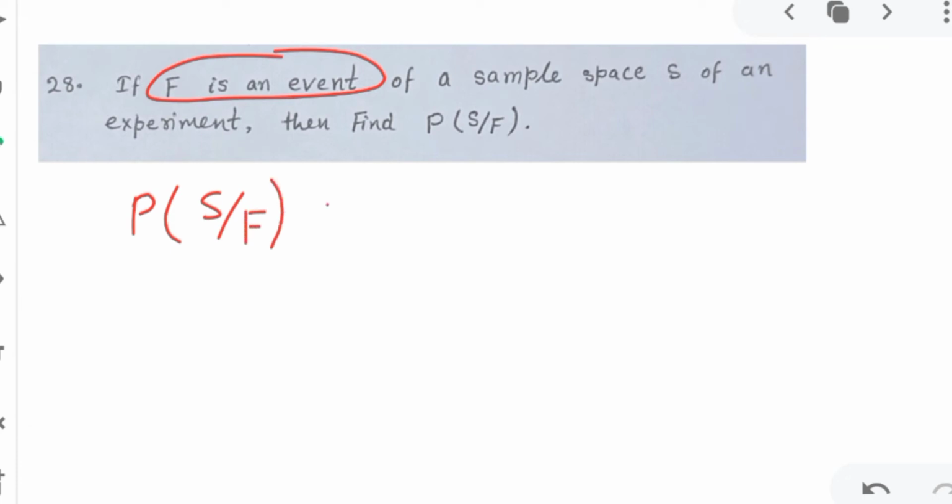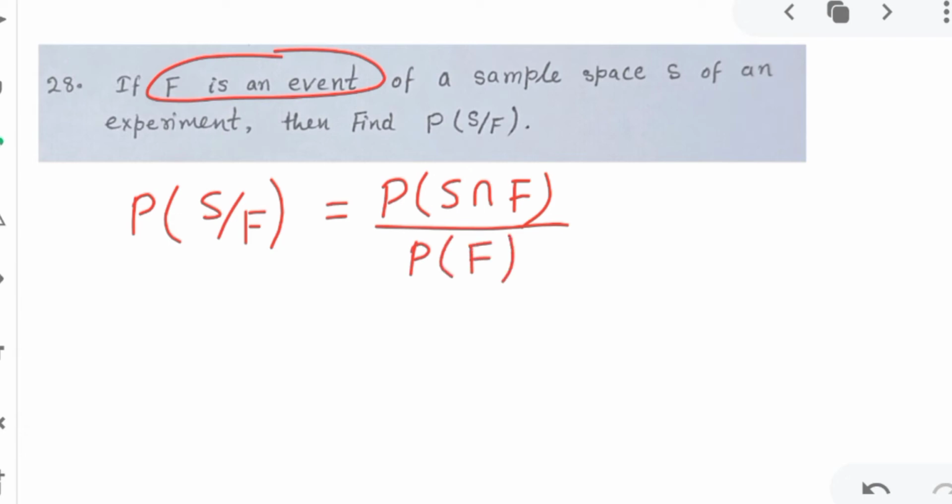According to the formula, probability of S intersection F divided by probability of F, so probability of F will be in the denominator. We have to understand here that F is an event of sample space S. So there is a sample space and F is an event of that sample space. So obviously F is a subset of S.